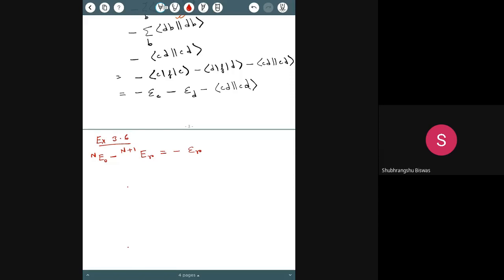I think basically this is what they want you to show. So minus epsilon r means you have to show RHR minus sum B, RB, RB. So I'll give you 5 minutes and you can maybe try it out. And once you're done, let me know. Whoever finishes, let me know.